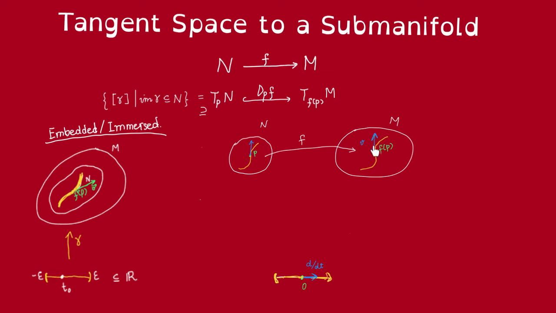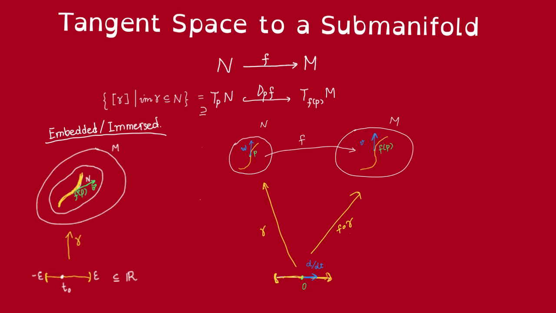Let's suppose that we have a tangent vector v in M, which is the image of some tangent vector w in N. So it comes from a tangent vector in N. Now we want to show that it must be the initial velocity of some curve that is the image of a curve in N. That is straightforward because from our previous discussion about velocity of curves, we know that this tangent vector w must be realized as the initial velocity vector of some curve in N. So if we take this composition, this gives us a curve in M with initial velocity v.